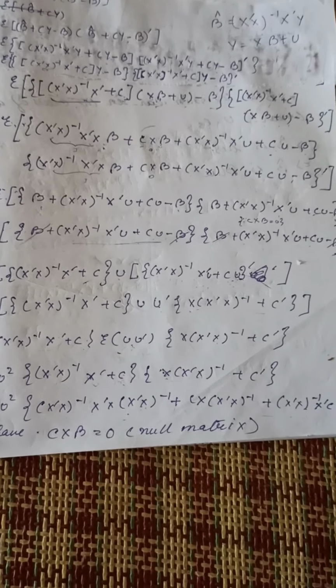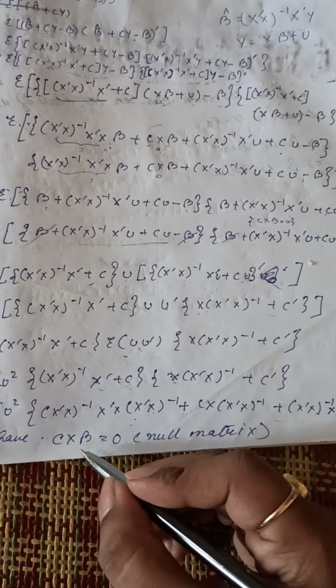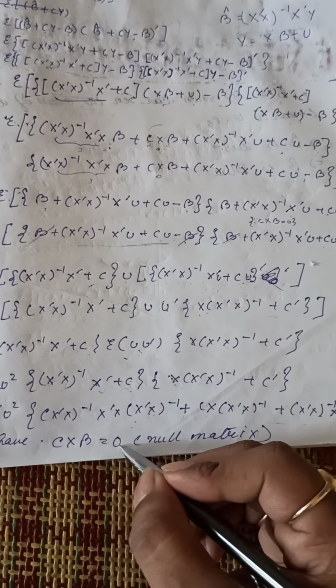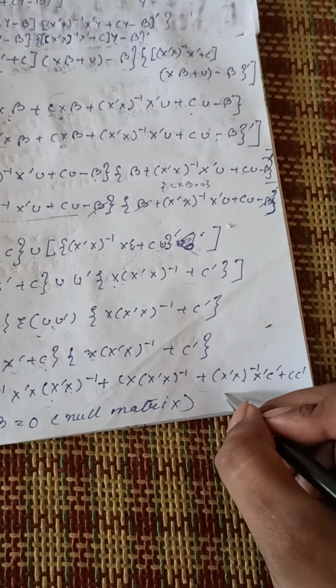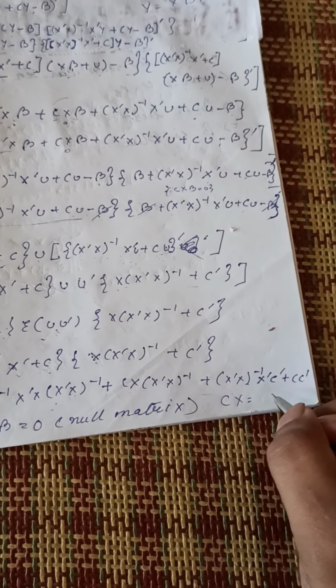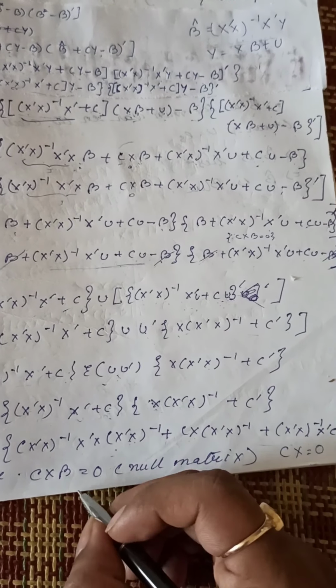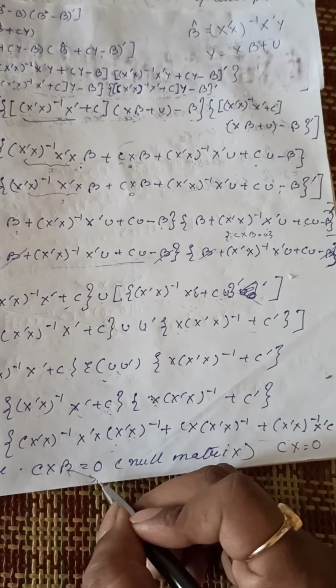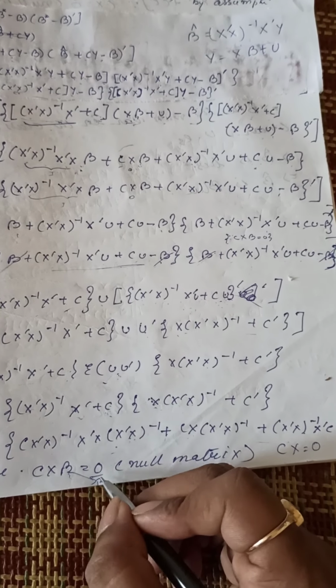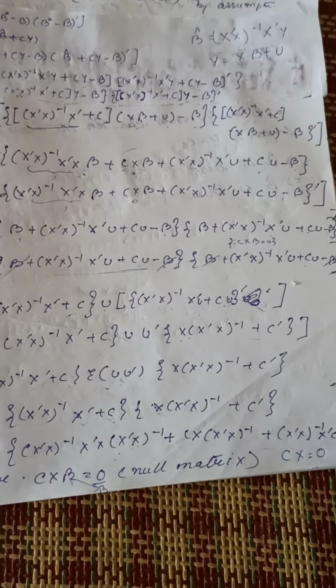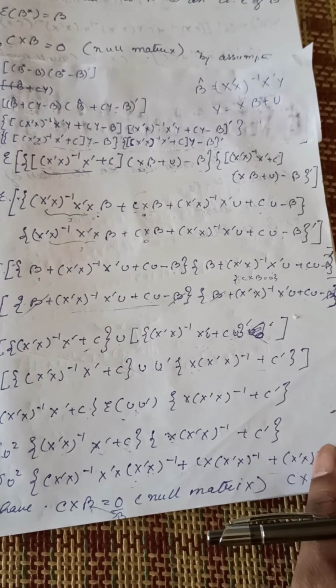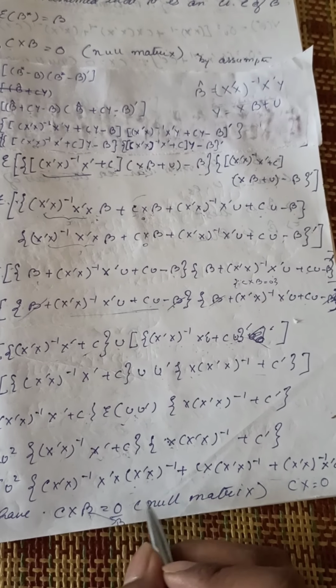Okay, then by assumption we know that c into x into beta equals 0. Then this implies cx equals 0. Now if we cross multiply and bring beta over here, 0 divided by beta will obviously give you 0 again. So cx equals 0 we have established from this assumption.